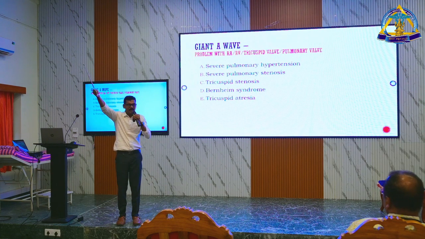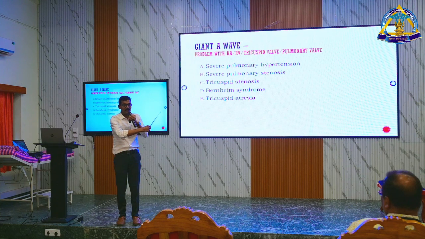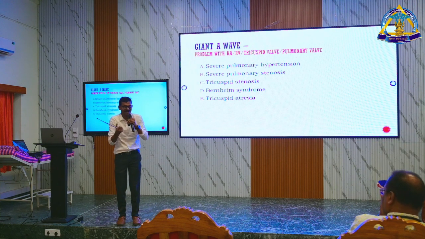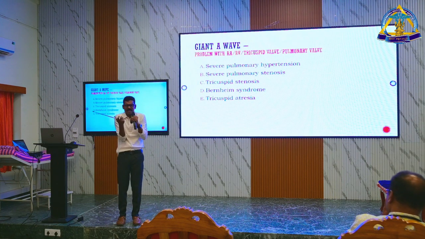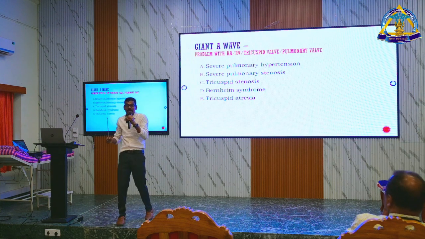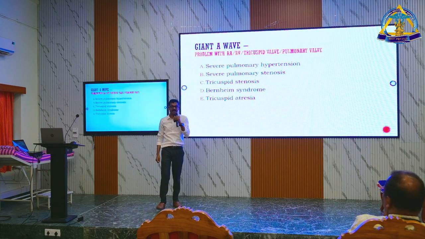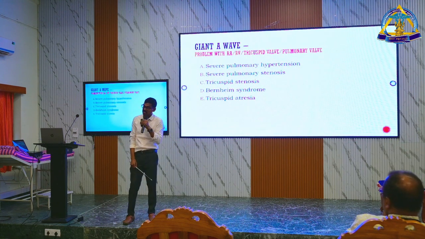So if you have severe pulmonary hypertension, you have venous hypertension coming because they are in series. RV diastolic pressure goes up. So the A wave goes up because the RA has to contract strongly. RA contraction is the A wave. Any time filling is difficult, the RV is telling the RA, no, I won't accept the blood you give, and the RA will try to push over.